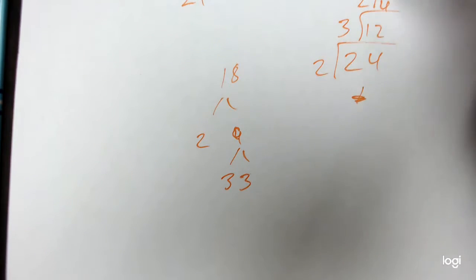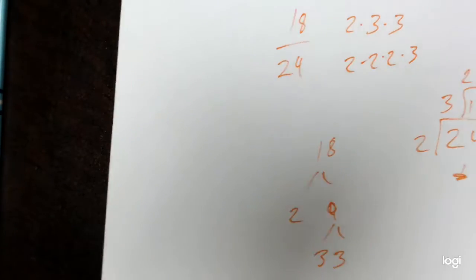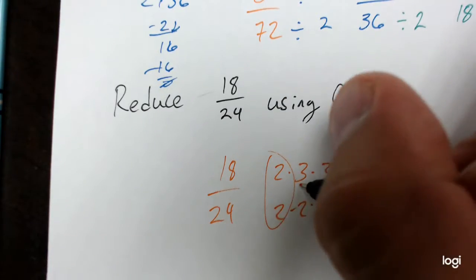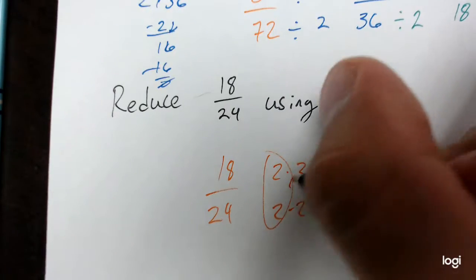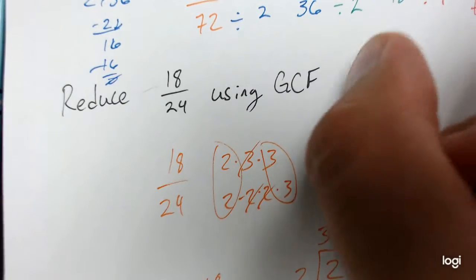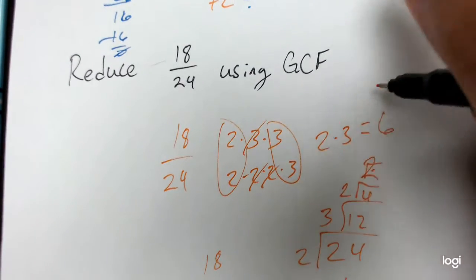So 24 is 2, 2, 2, 3. Now I look for numbers with pairs. That has a pair. That has a pair, and the rest of these are loners. So the greatest common factor is going to be 2 times 3, or 6. Great, I found the greatest common factor.